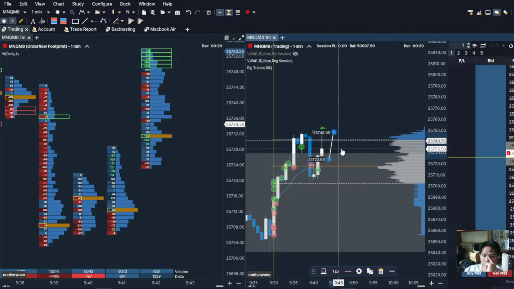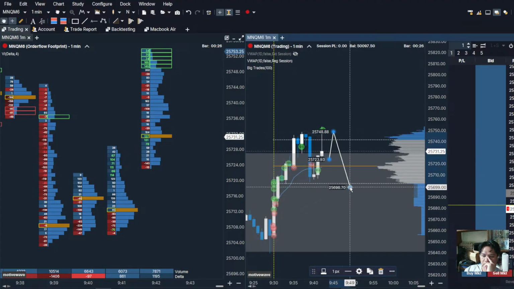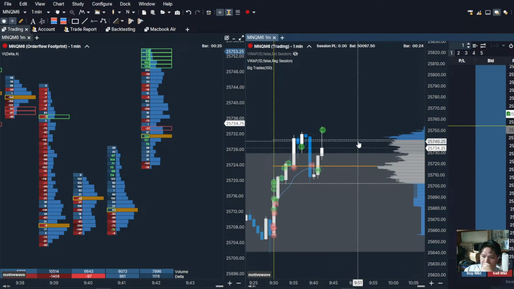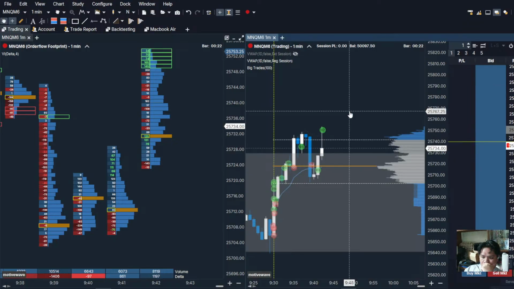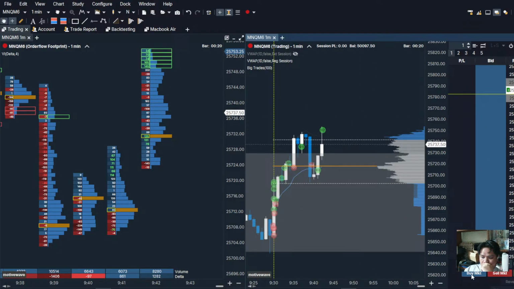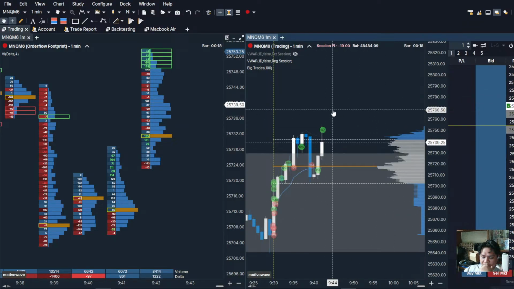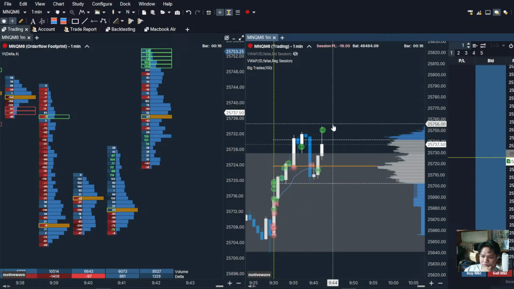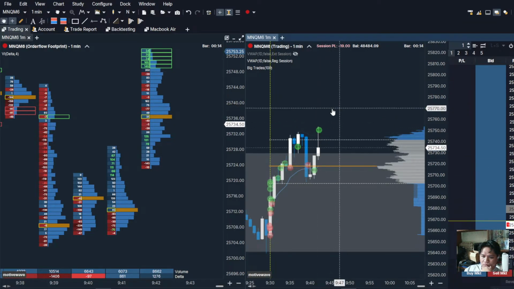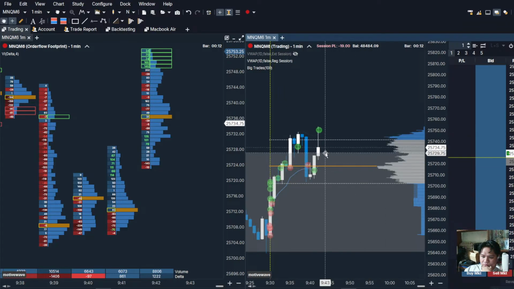Let's see, then go down. A little bit confident in this trade. Absorption's happening there.